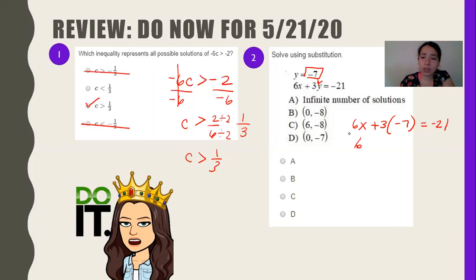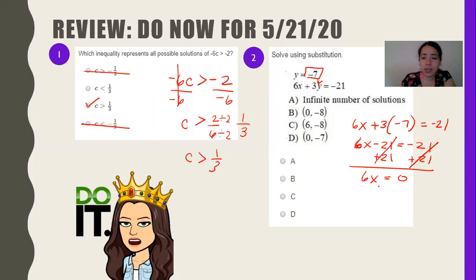Oh, that should be a 6. Right, and then I want to make sure to get that x by itself. So let me get rid of this 21 first. It cancels out, because notice it's a minus and a positive. That gives me 6x is equal to 0.